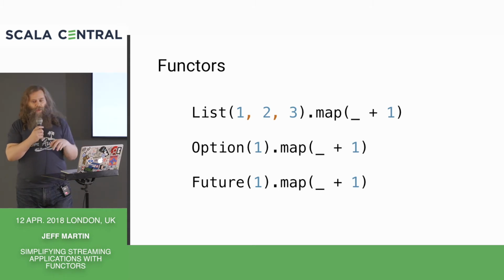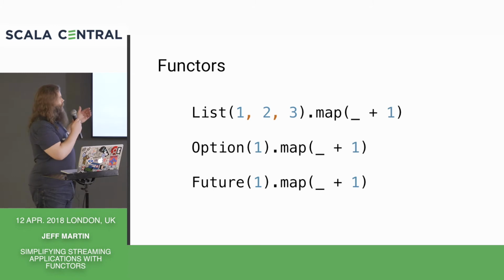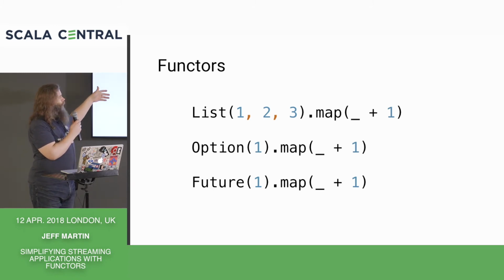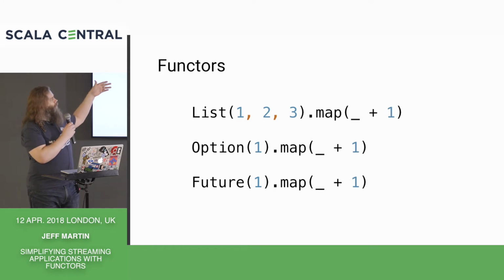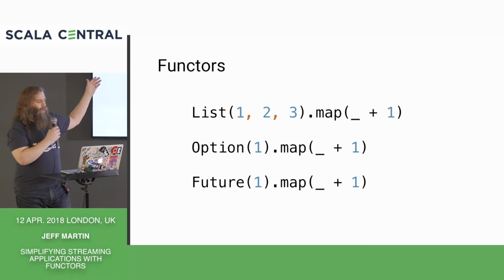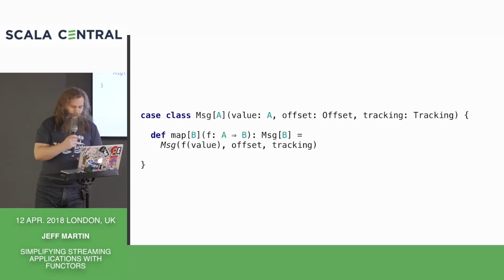So, for those of you who aren't familiar with functors, it's a type which contains another type. Examples of these are list, option, and future, and it provides a map operation. So it provides a way to convert our int into another int or another type. So it's both these things put together.